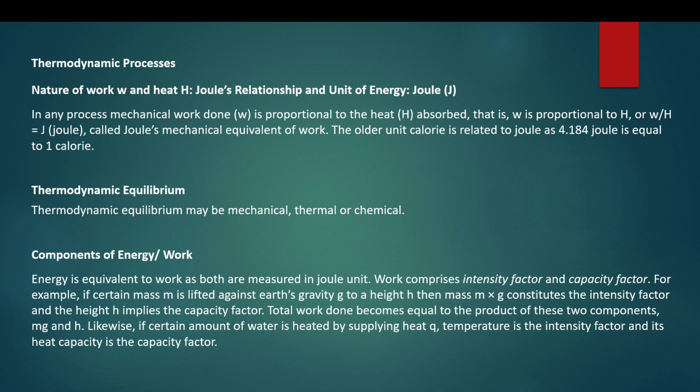Total work done becomes equal to the product of these two factors, that is mgh. Likewise, if a certain amount of water is heated by supplying heat q, temperature is the intensity factor and its heat capacity is the capacity factor.